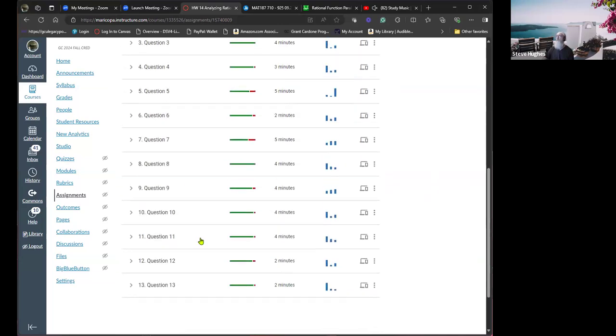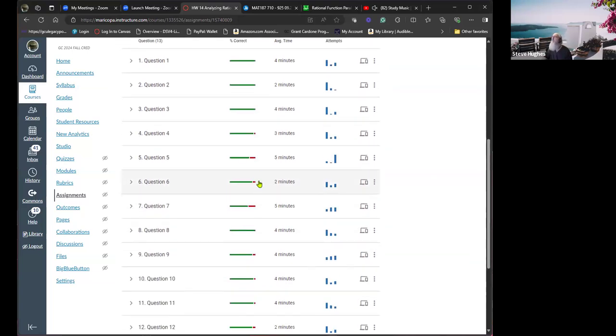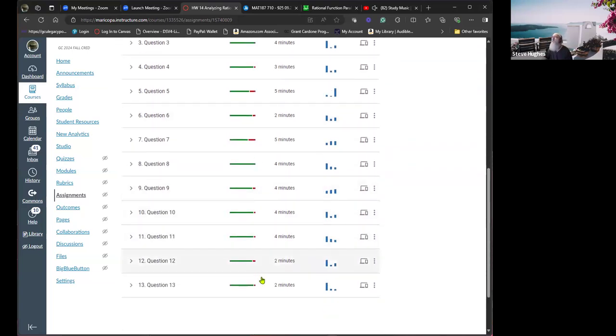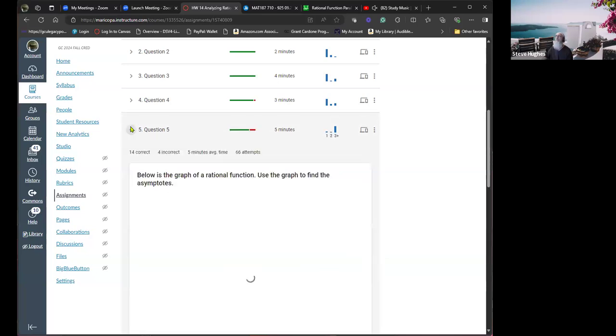Questions 1 through 13 here. Looks like question number 5 is the most difficult. That's the one that most people are taking a longer time on and getting right on the third try.